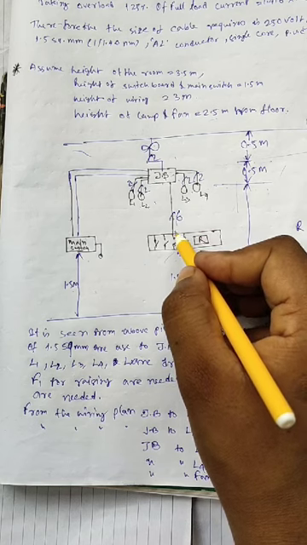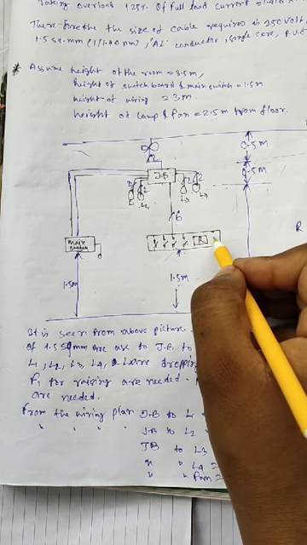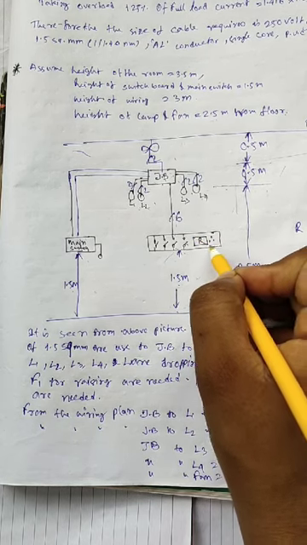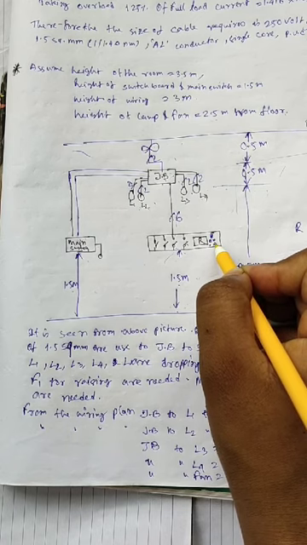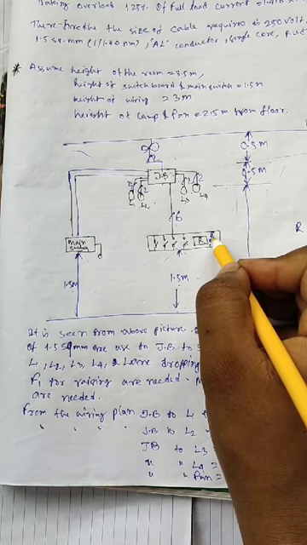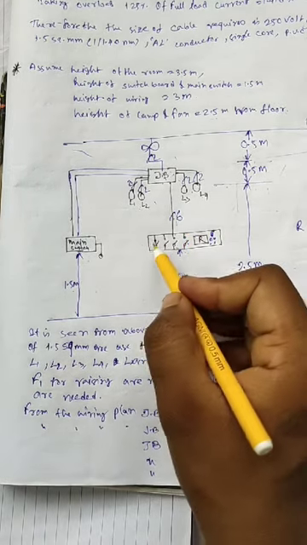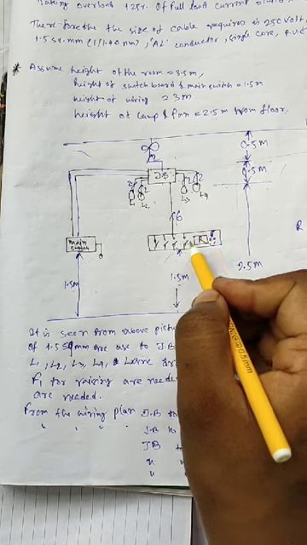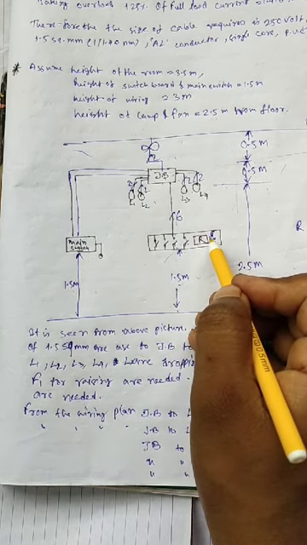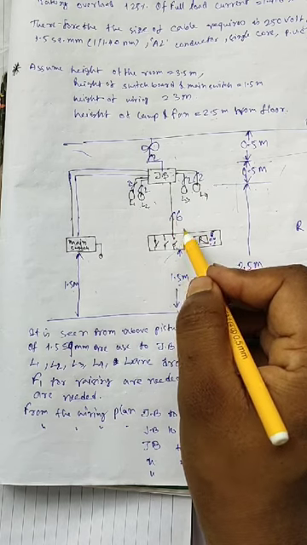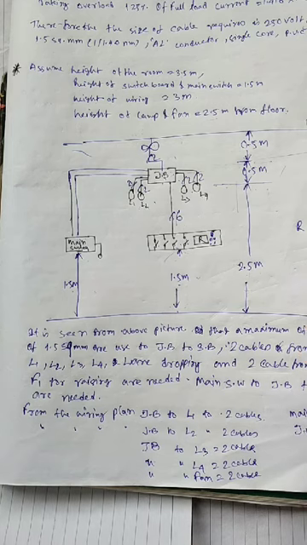And one is neutral, because if we use a 5-pin socket, then one neutral, one phase, and one earthing, total 6 cables: 4 phase for the switches, one for the 5-pin socket purpose, and one neutral. Okay, there are 6 cables used.